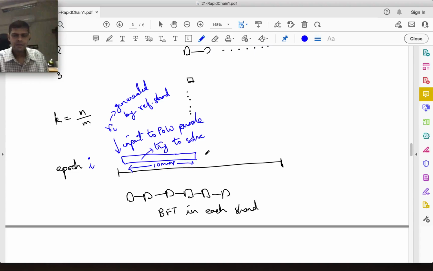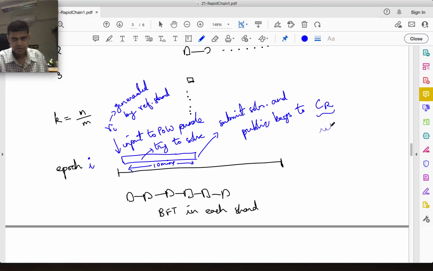And after this time period, they can submit solutions to CR. They submit the solutions and public keys to the reference shard. Okay, so CR is the set of nodes which is maintaining this particular reference shard. So only these nodes are going to be allowed to do consensus in the next epoch.